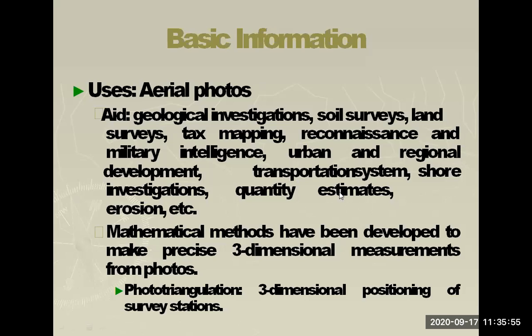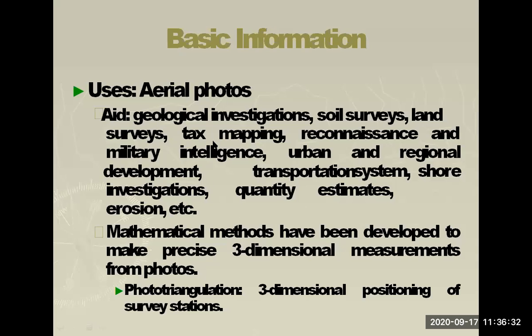Then quantity estimate. Quantity estimate is nothing but how many features there are in the photograph, the quantity, how many trees are there, how many buildings are there. That quantity we can find by using this aerial photogrammetry. And next point is erosion. Sometimes bank erosion is there, or erosion due to wind may be there.